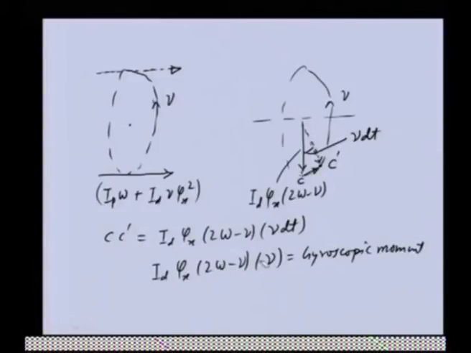This gyroscopic moment will be acting on the disc, and we can get its direction from this figure, that will be along the direction of CC prime. That means in this particular case it will be into the screen. So if we see on the screen, it will be acting in the clockwise direction according to the right hand rule, C to C prime.